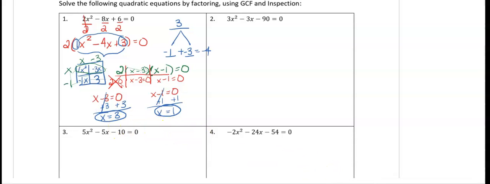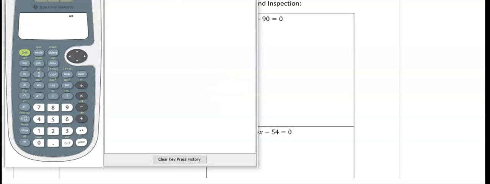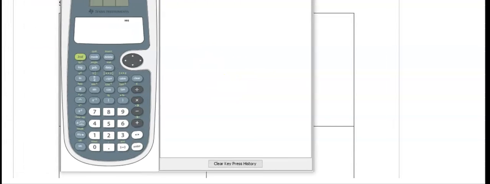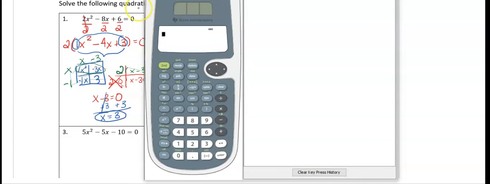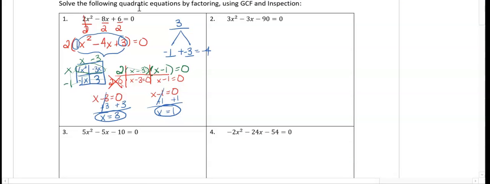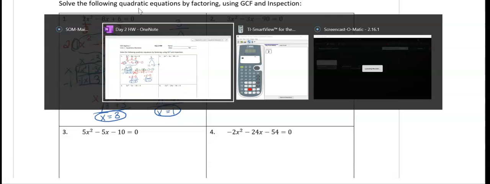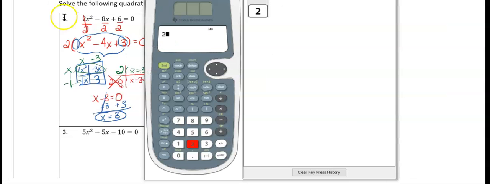What I mean by that final solution, we're going to put that into the calculator and see what it does. So what I have here for my original equation is 2x squared minus 8x plus 6. So let's plug in, and instead of x, I'm going to plug in 3, because that's what we found it is.